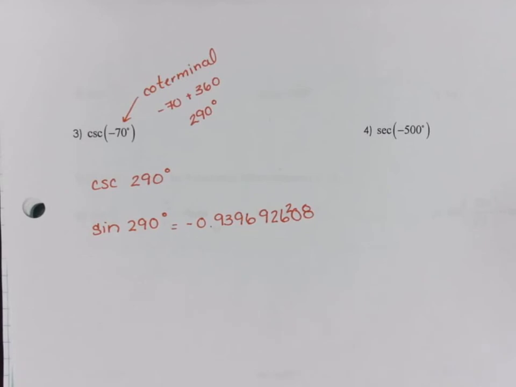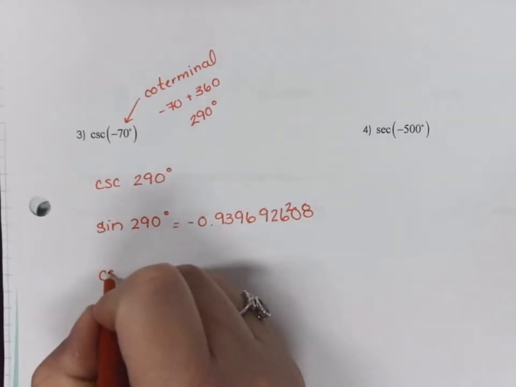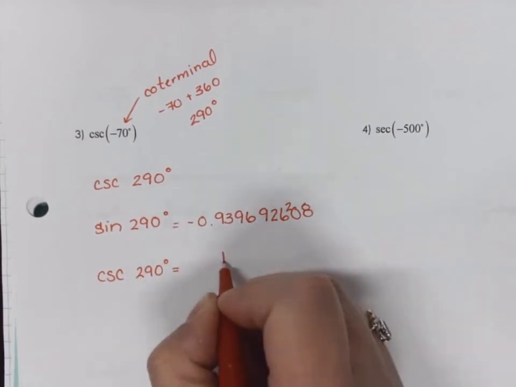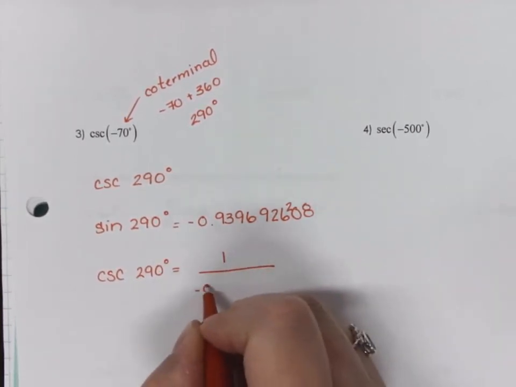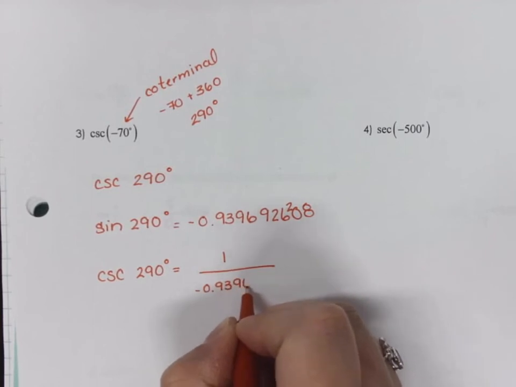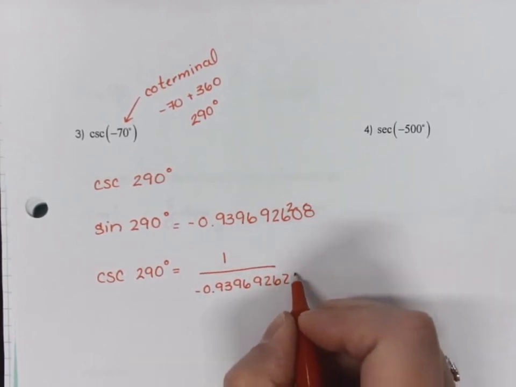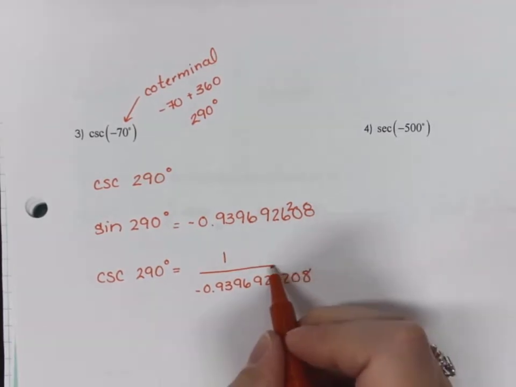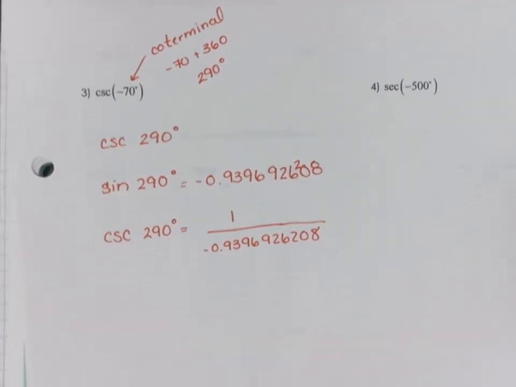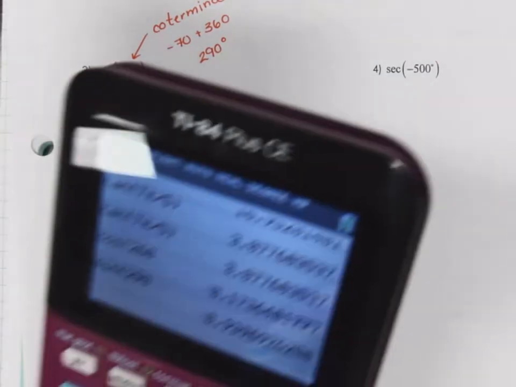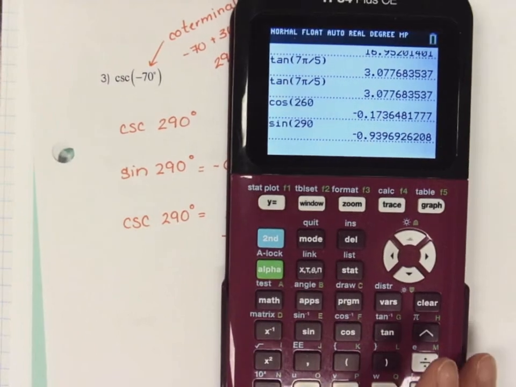All right, so if I want to find cosecant of it, okay, so here's the thing. If you know how to use your answer line, if you have a memory feature or an answer from the previous line, this becomes a little bit easier to do.